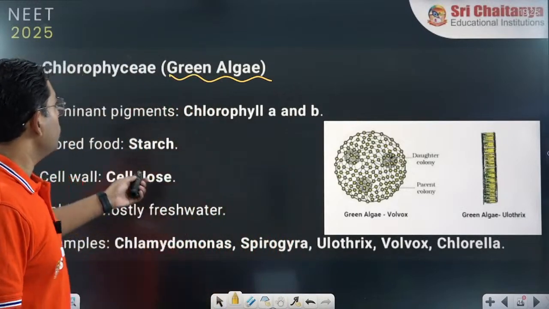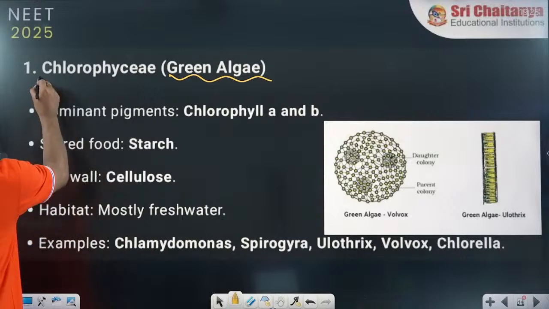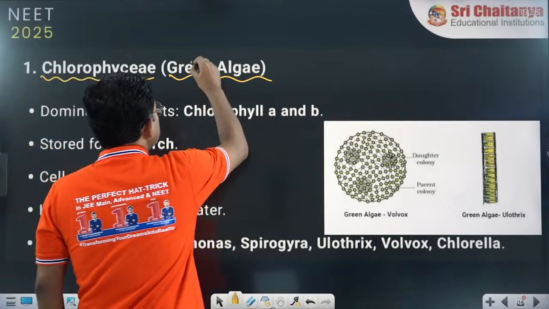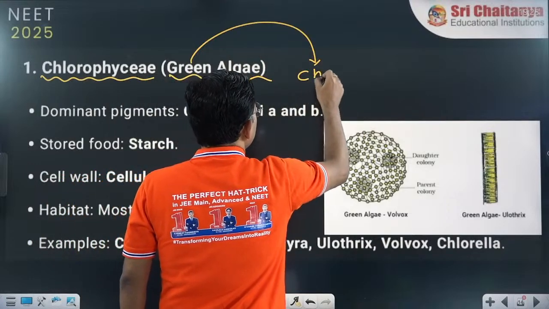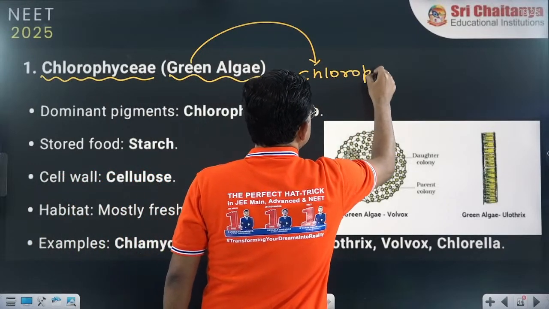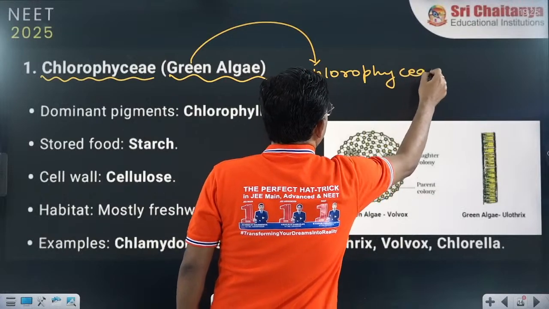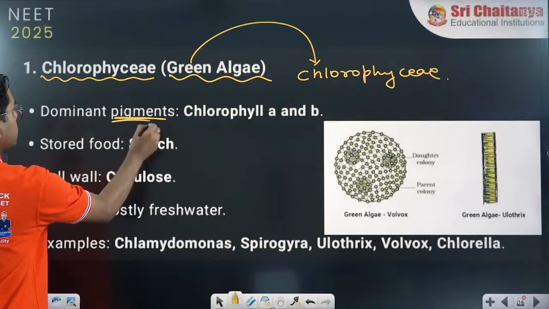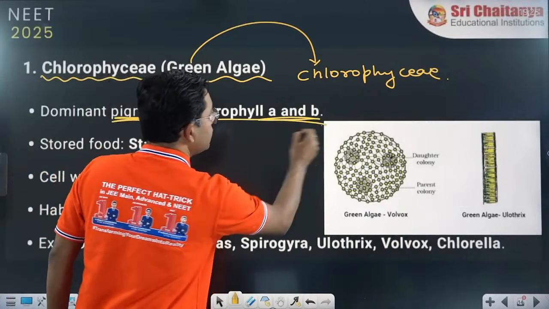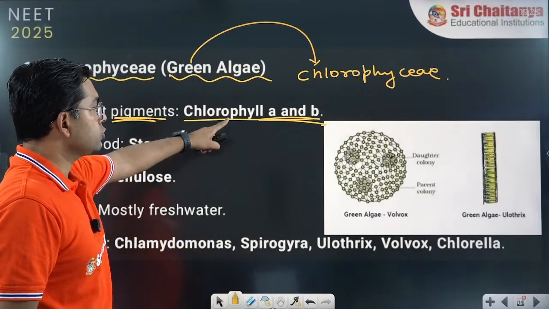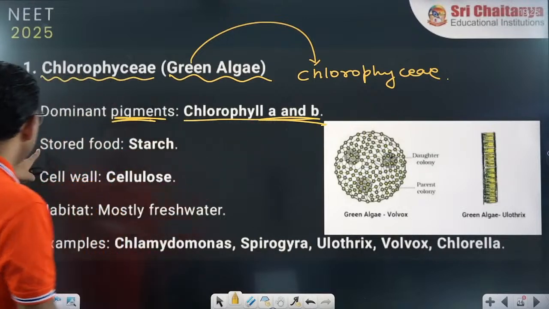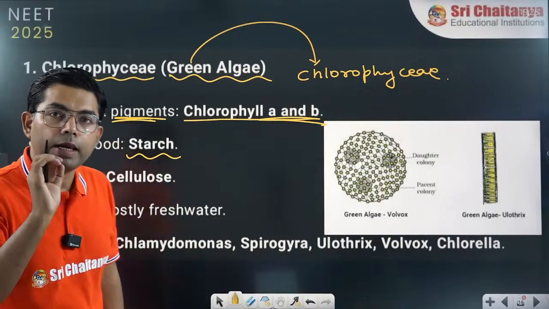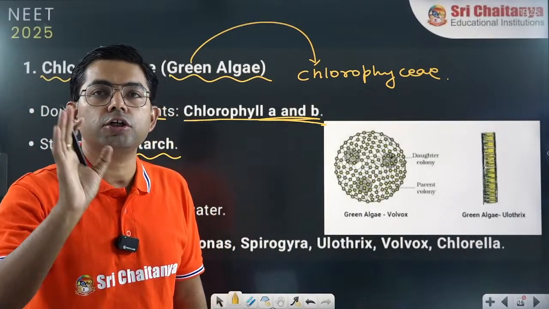Right now, green algae is also called Chlorophyceae. How will you remember? Green means chlorophyll. Then, dominant pigment, chlorophyll A and B. Stored food is starch. A direct question will be asked that in green algae, what is the stored food?